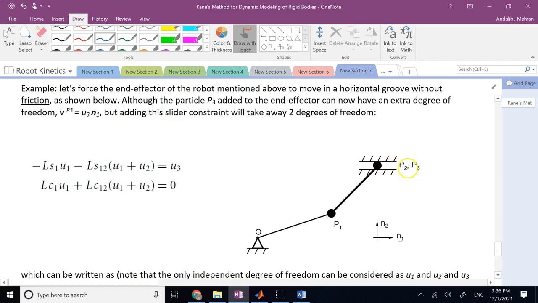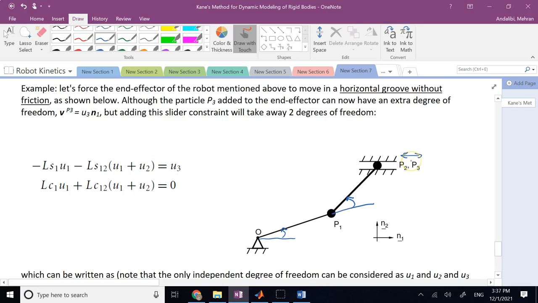So P3 with respect to P2 can move horizontally this way. Okay, so now you have this degree of freedom, you have this degree of freedom, and you have that degree of freedom, Q1, Q2, and whatever you want to call it, Q3 maybe. But now you have two constraints added to your system. What are they?